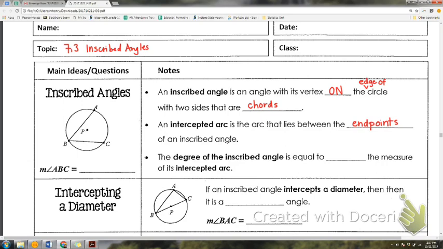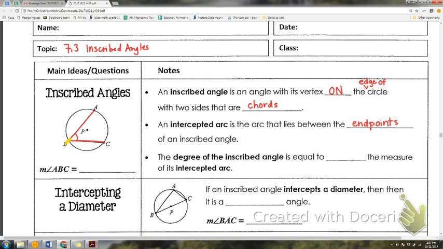So if we look at this diagram on the left, angle ABC is called an inscribed angle because the vertex is on the circle. It's on the edge.